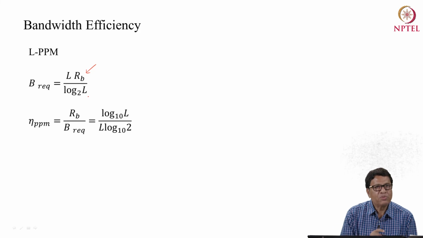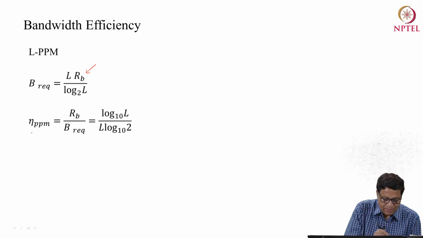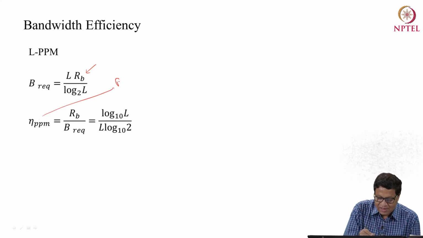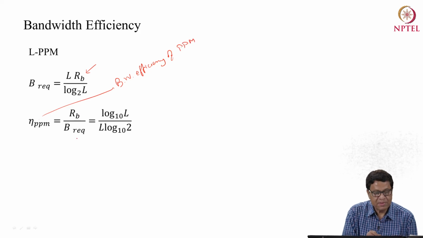And if I want to calculate the bandwidth efficiency of PPM, it is RB divided by B required.